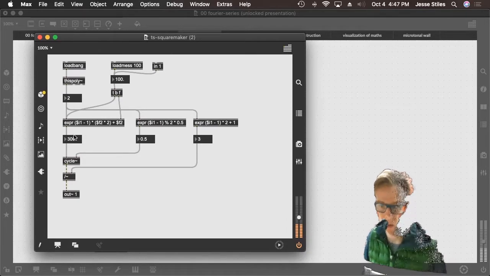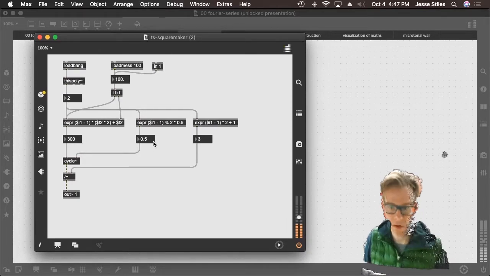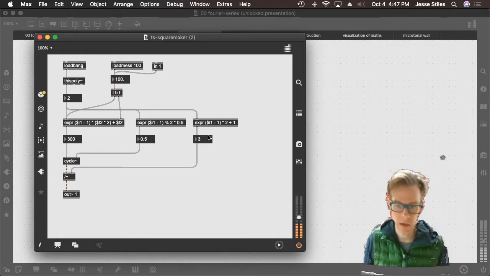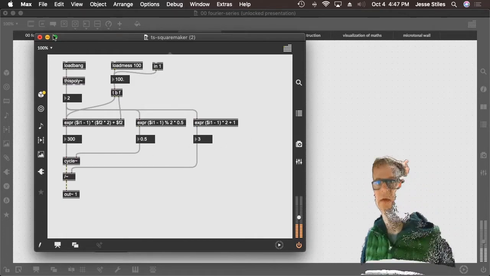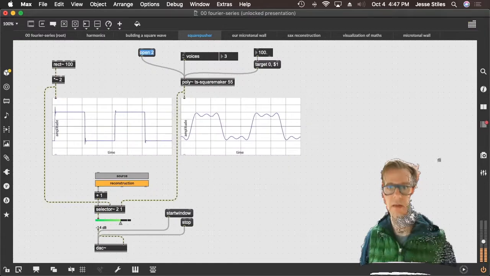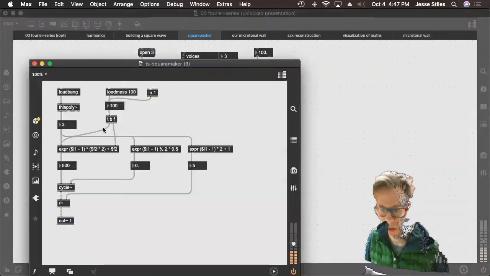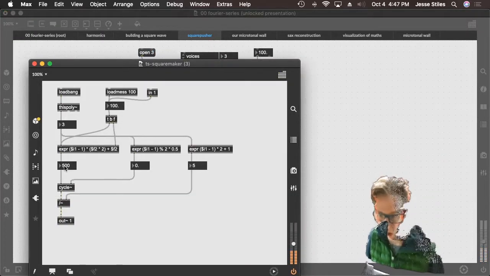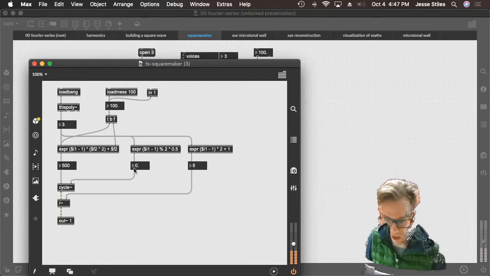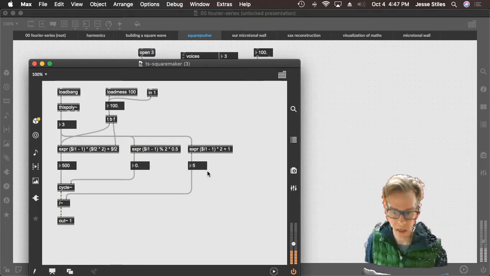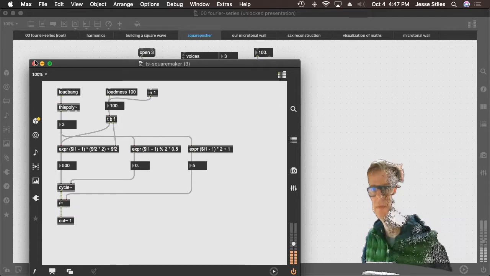So here's harmonic 3. The frequency is 300, the phase is offset, and the attenuation value is this, 3. And then the next instance, we'll just continue going up through the odd numbered harmonics, offsetting the phase for each one, and then attenuating by the harmonic number.